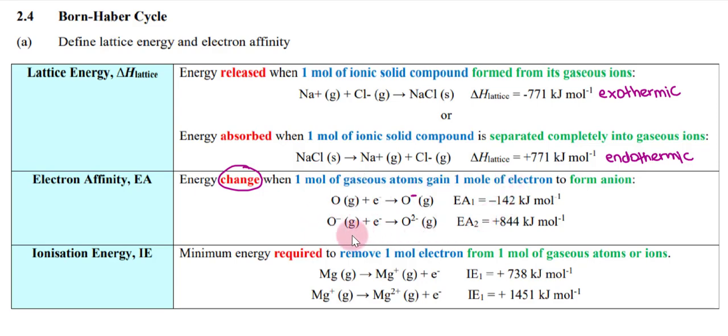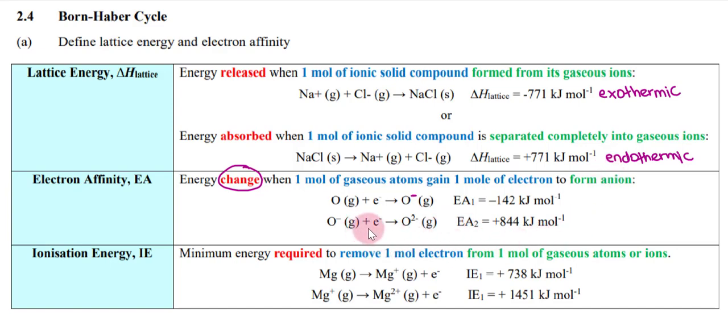But for the second electron affinity of oxygen, from the 1 mole of gaseous O- ions adding another 1 mole of electrons, it will produce O2- gas. Here, the sign is a positive sign. So the first electron affinity is an exothermic process, while the second electron affinity is an endothermic process.